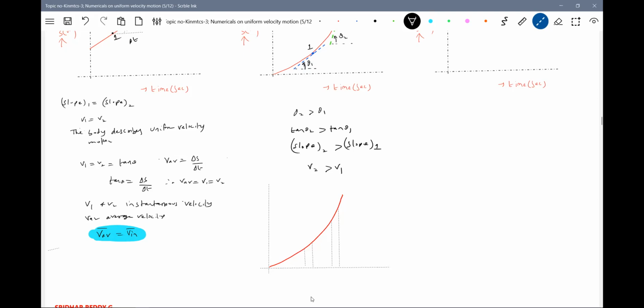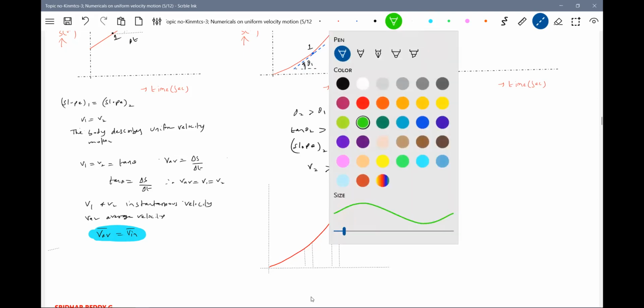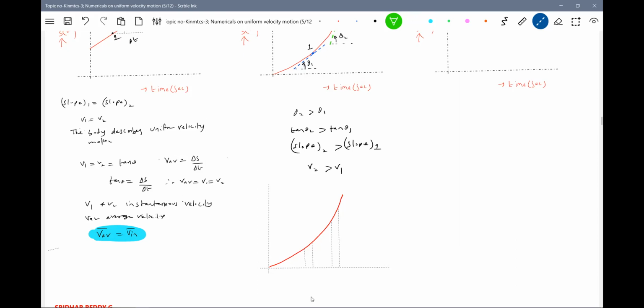Now let me bring, corresponding to those vertical lines, horizontal lines. You can beautifully see the interval is the same.